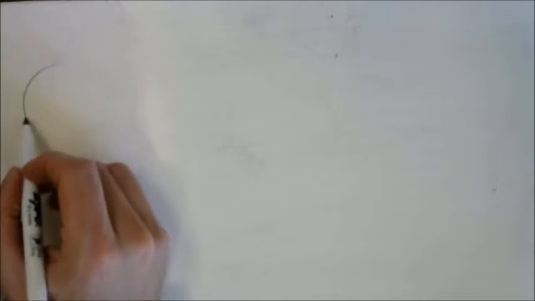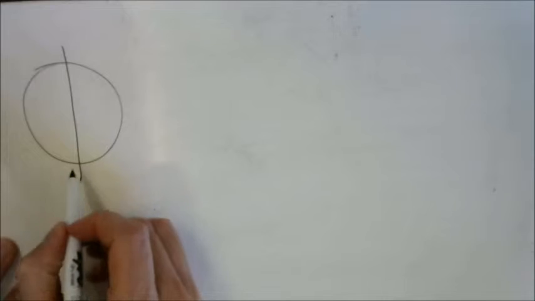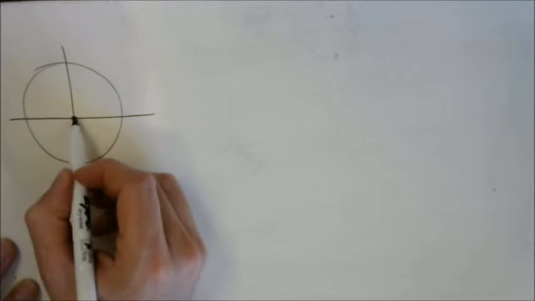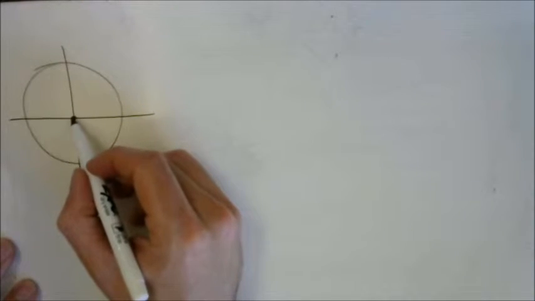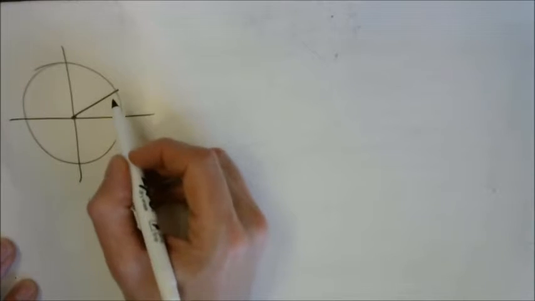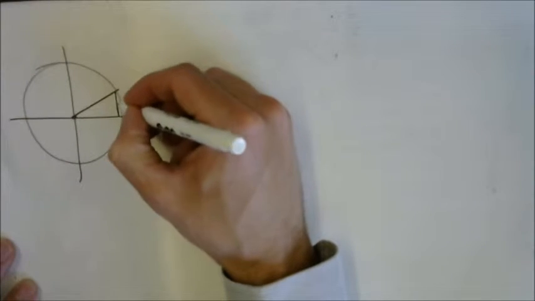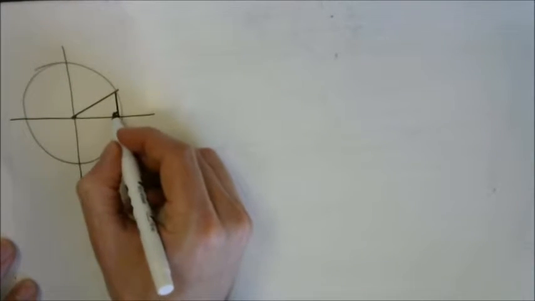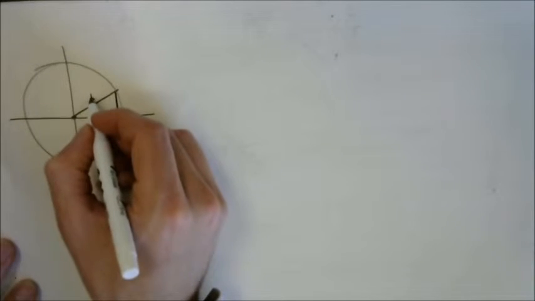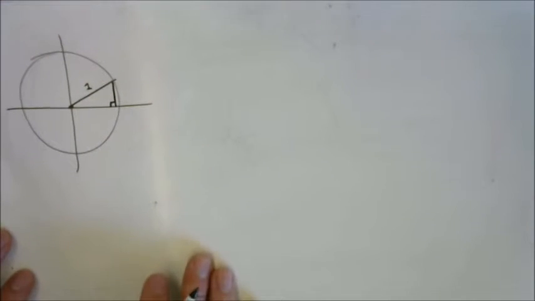So there you have a diagram. It's the unit circle again. We've drawn an angle like that, and the triangle is finished off, and it's a right angle triangle, and you know the hypotenuse in a unit circle is always going to be 1.